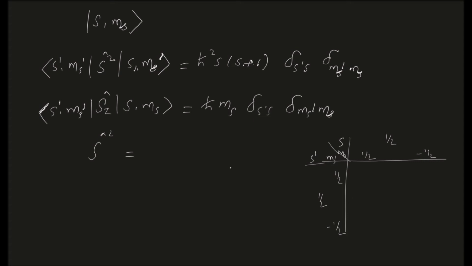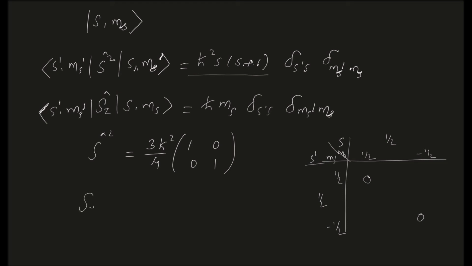So we can see that we will only have non-zero diagonal elements for these matrices, and their magnitudes are given by this expression, ħ square S into S plus 1. So if you put S equal to half, that will give you 3ħ square by 4. So this will be 3ħ square by 4 times the matrix with elements 1, 0, 0, 1.